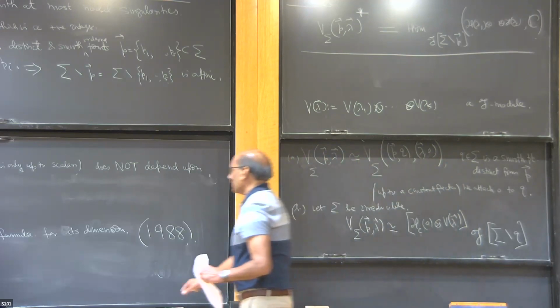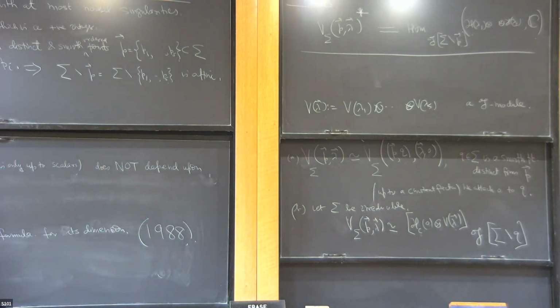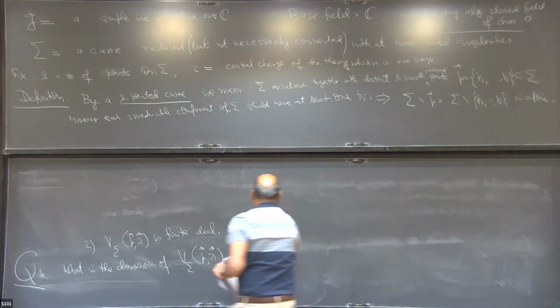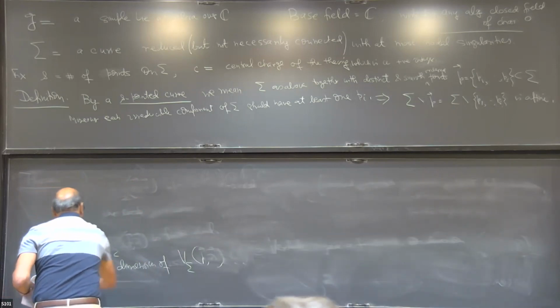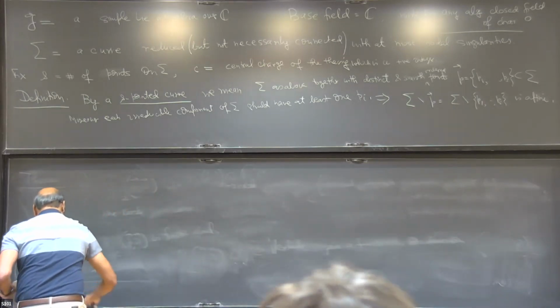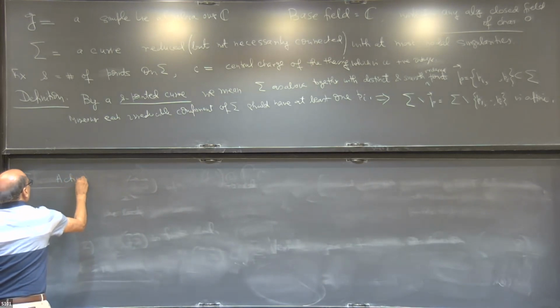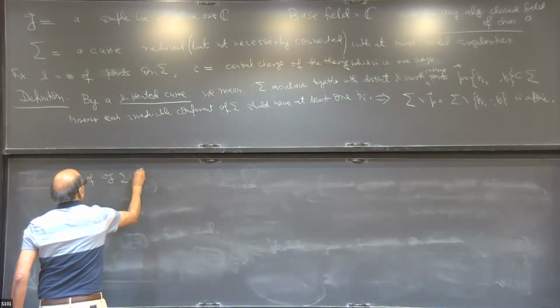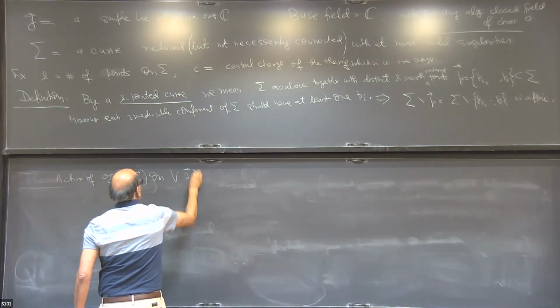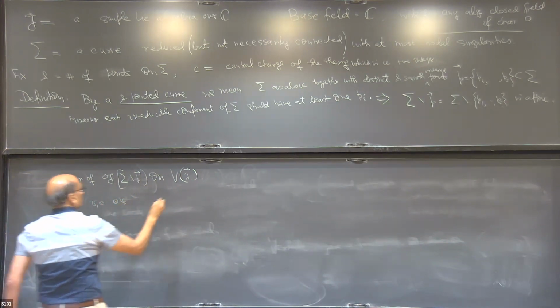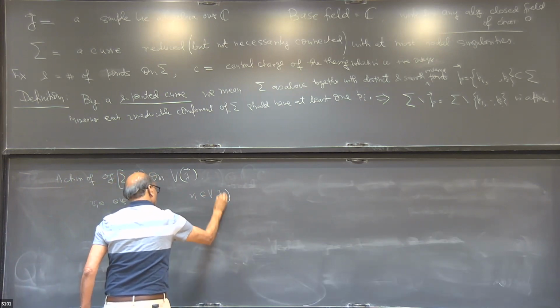The action of G sigma minus P on this V of lambda: let's again take V1 tensor Vs, except that now the Vi's are in V of lambda, in the finite dimensional representation.